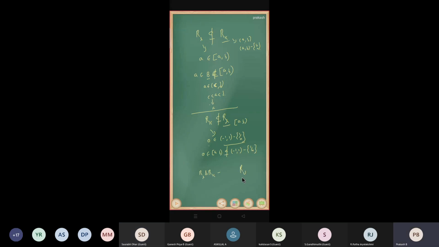You are going to compare R_U with R_K, right? Yeah, exactly. Okay. So you told that R_K is a subset of R_U, right? Is it correct? Yes, sir. Okay. So R_K has two forms.